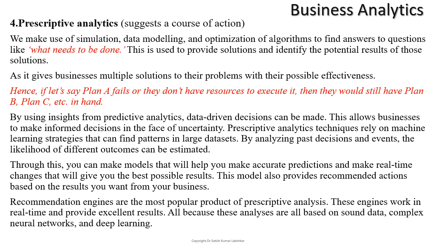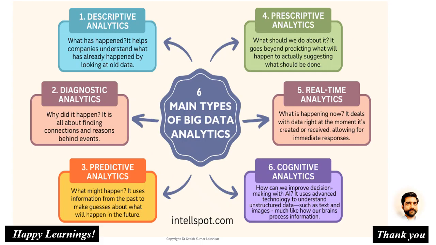Okay, so this is about prescriptive analytics. Let's talk about a company: say plan A fails and they don't have resources to execute it. Then they would still have plan B or plan C in hand. Okay, so this is about the best possible course of action.